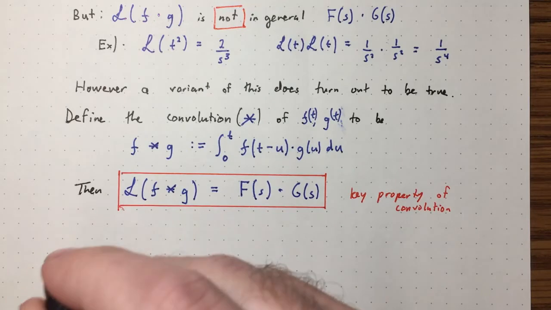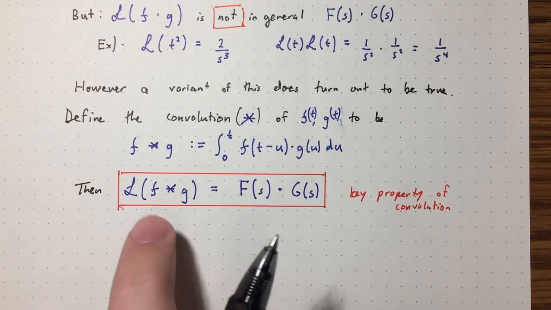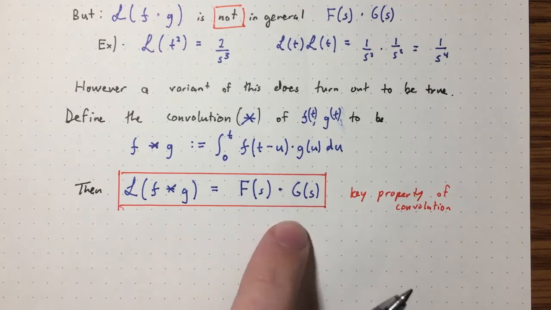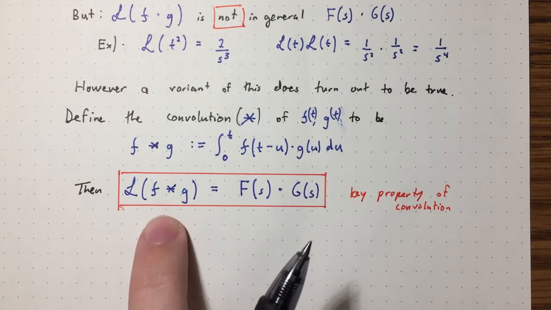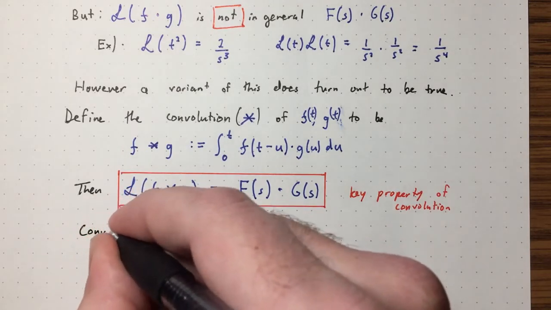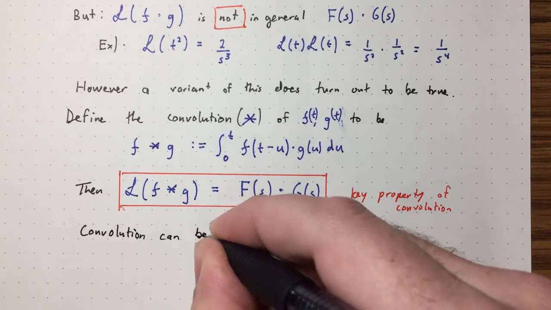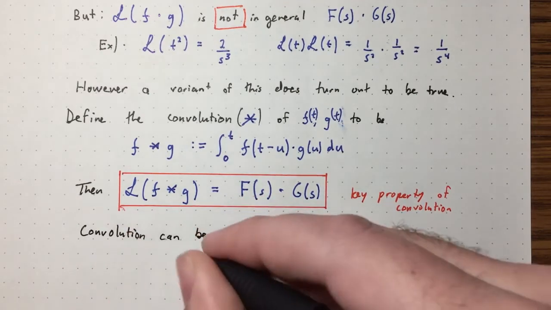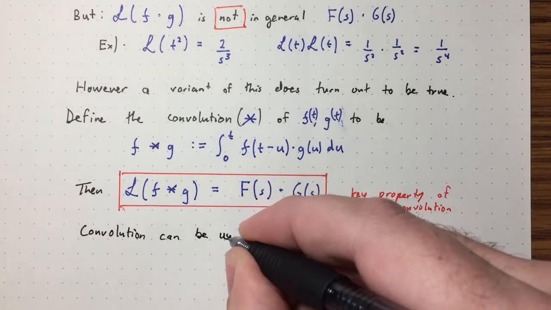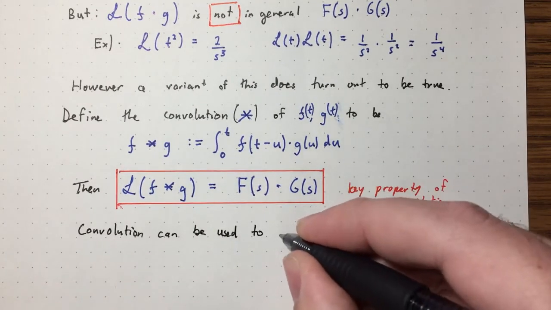What are some properties of convolution? Well, before we get into that, I'd actually just like to do an example of an application of this statement. There are many ways convolution can be used, but convolution can be used to find inverse Laplace transforms.